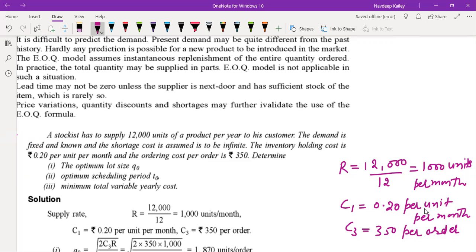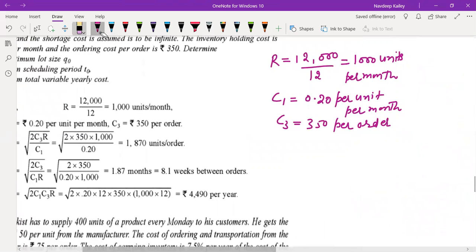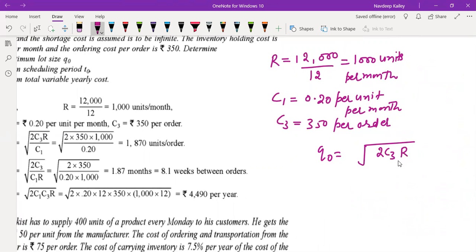Now we have to determine the optimal lot size. I have already calculated the formula for optimal lot size. The optimal lot size is given by the formula square root of 2 C3 R upon C1.